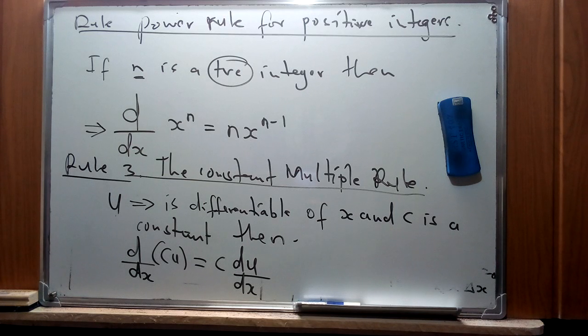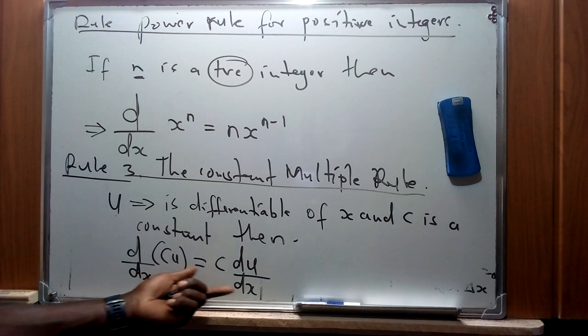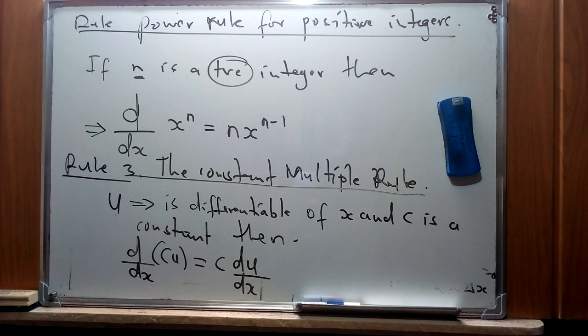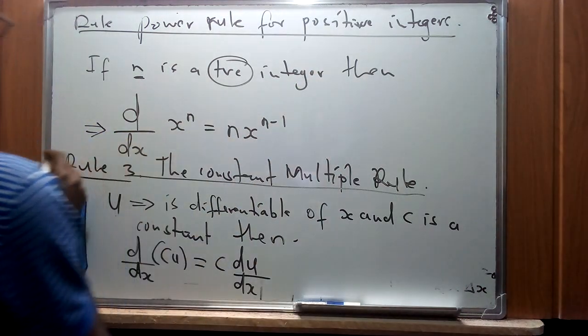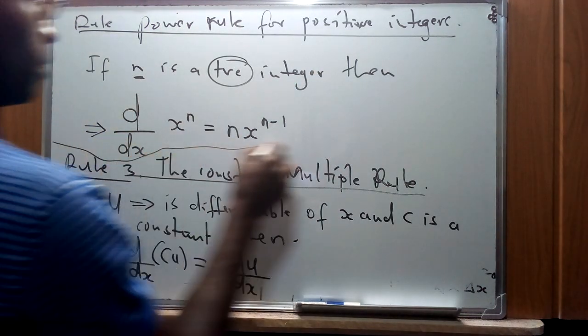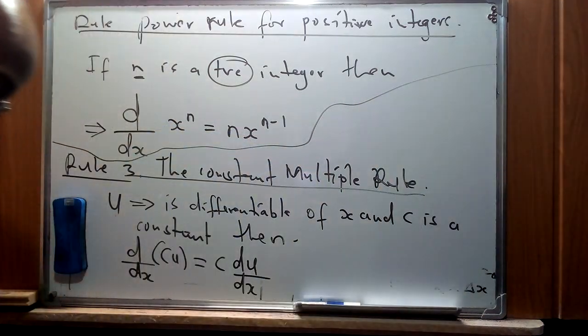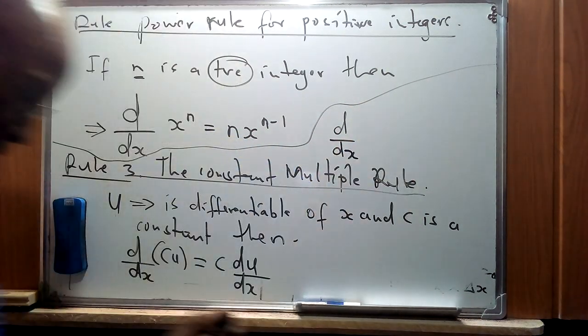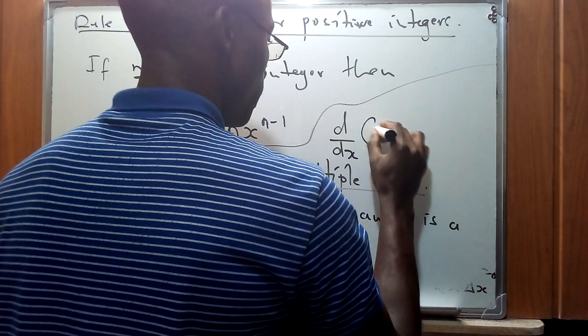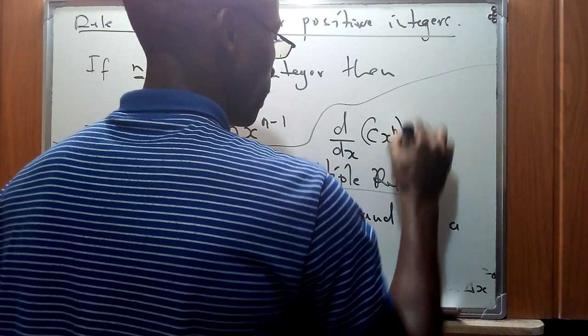Now this case will apply to the power rule that we have already discussed, in that it will take the differential part of this particular function and apply the power rule. So suppose we have a function like d over dx of c x to the power n.